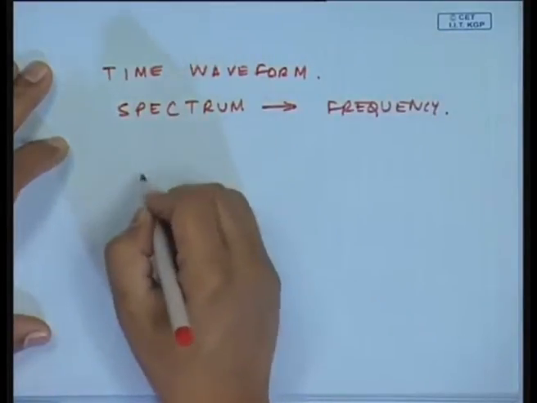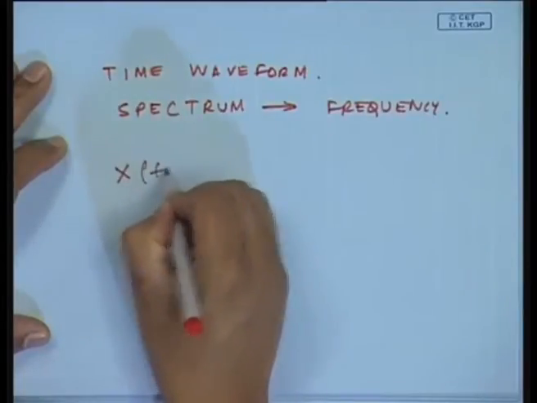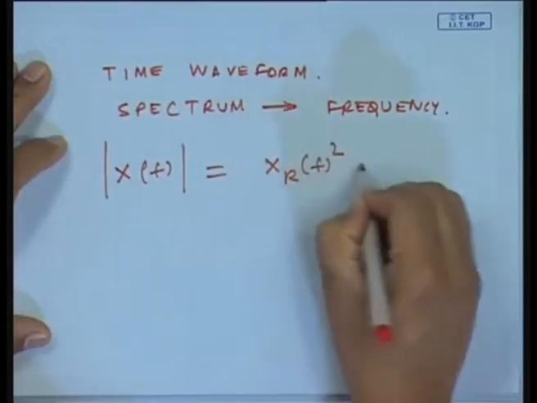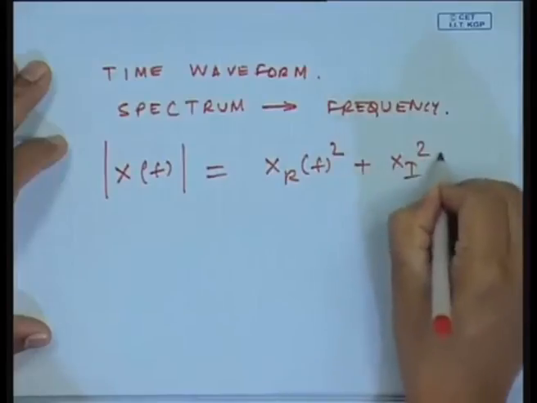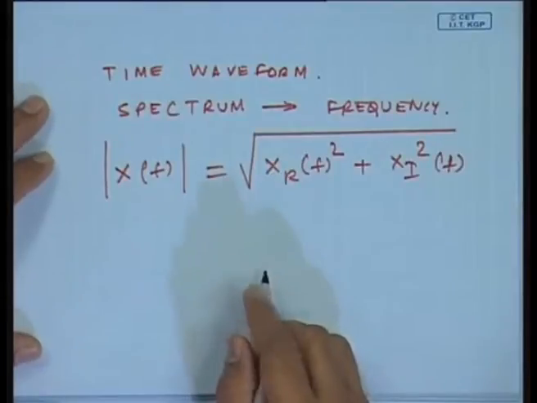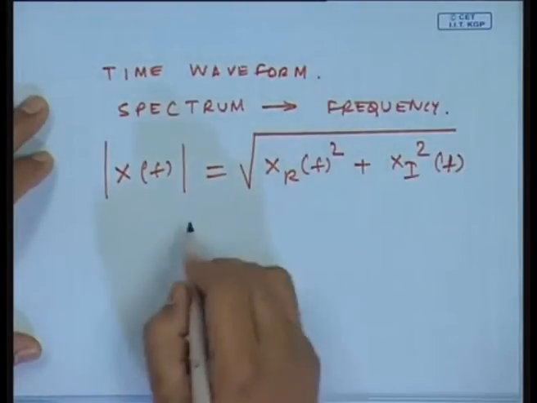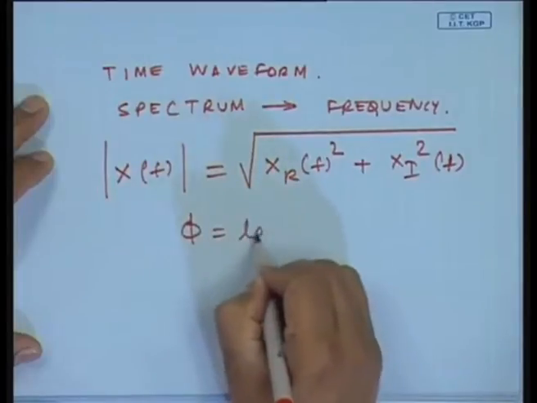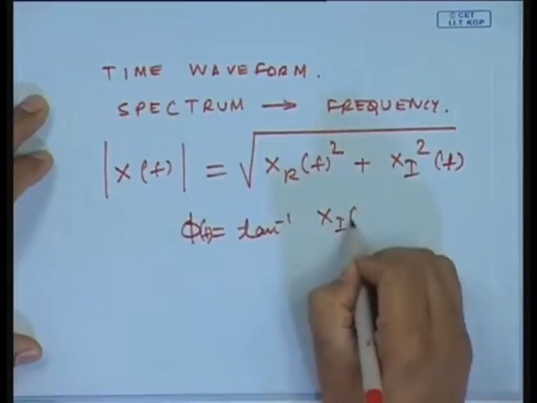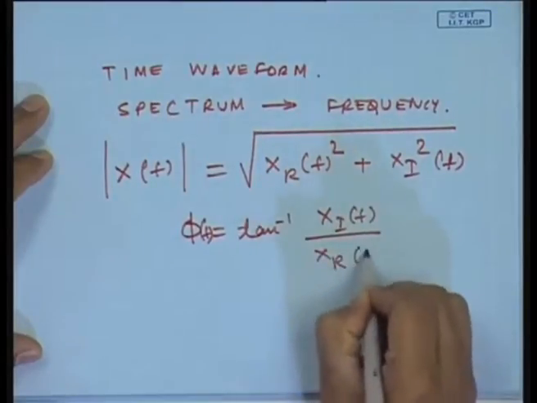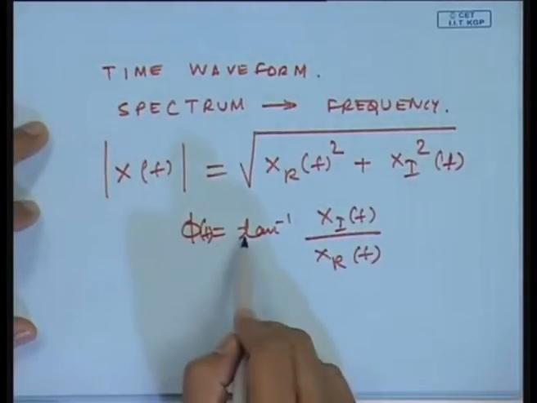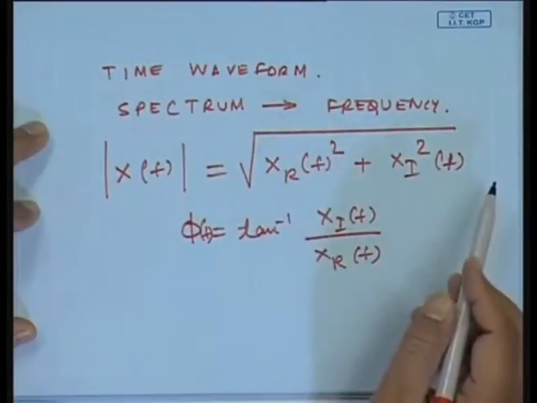So, for these complex numbers which we will get, the magnitude of this is nothing but, okay. And then of course, there will be a phase between the real and imaginary. So, phase is nothing but tangent inverse, and phase is also a function of frequency. Okay. So, I am denoting it through magnitude and phase, or real and imaginary.